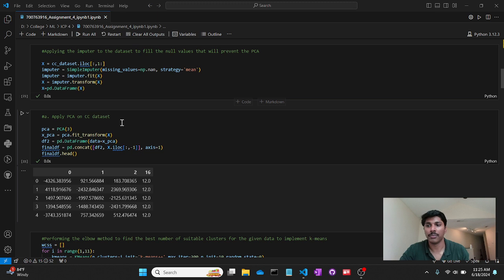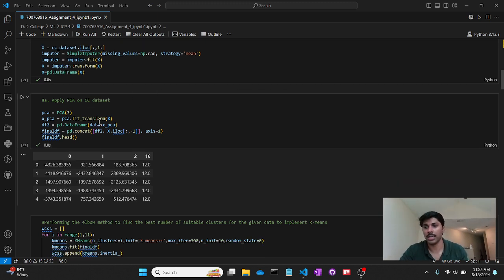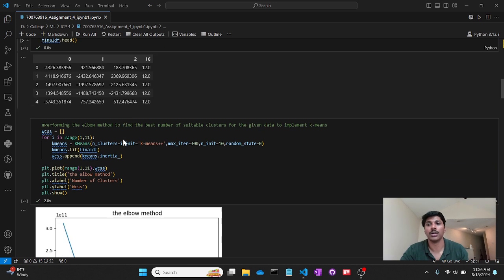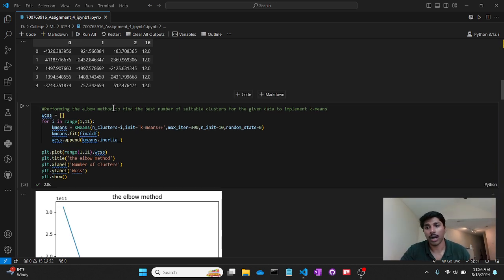Once I have the complete dataset, I applied PCA on it. In order to get the principal components, the number of components is 3, so we got 3 components here. After that I applied k-means clustering to the PCA data.